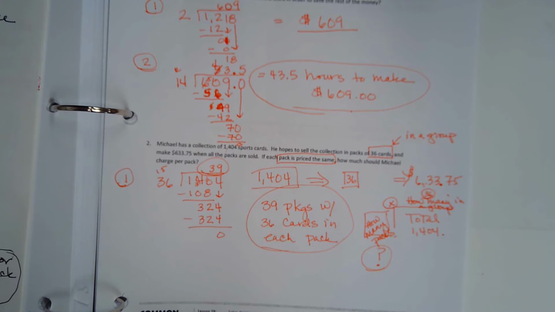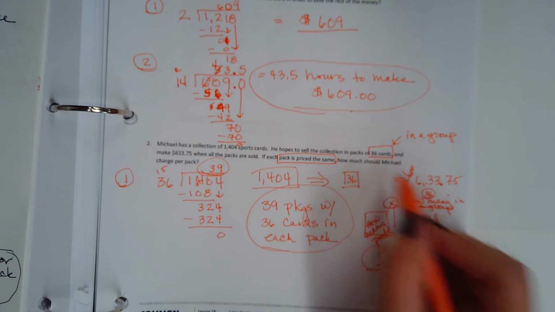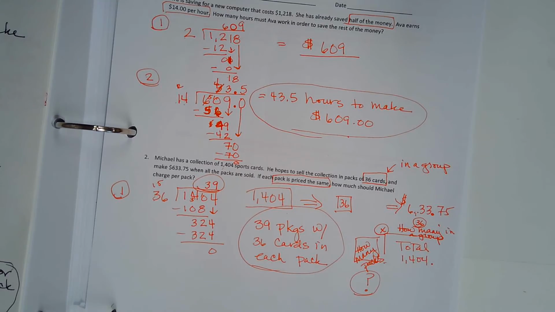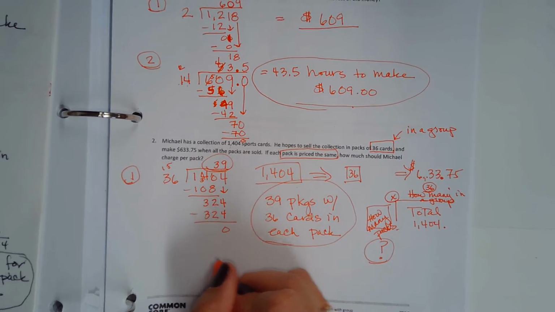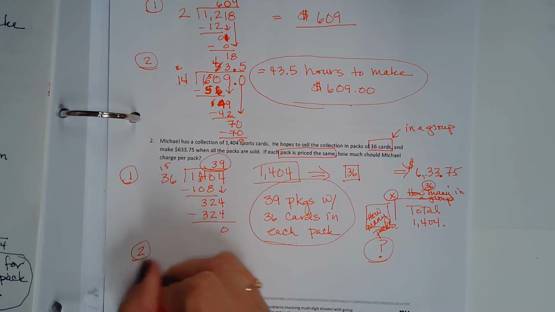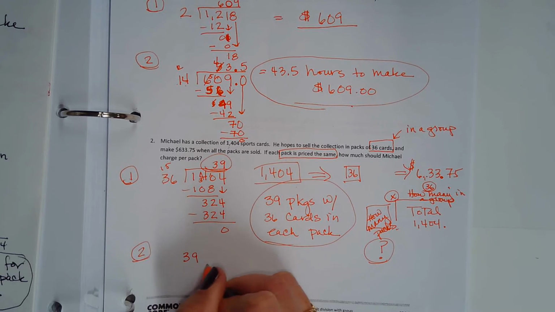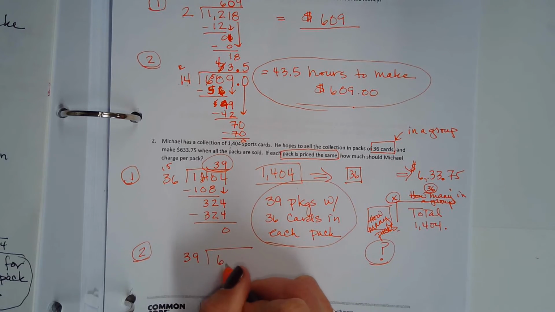Now, how much should Michael charge per pack? So if each pack is priced the same, how much should Michael charge per pack? Now, step 2 is $633.75 divided by 39 packs.